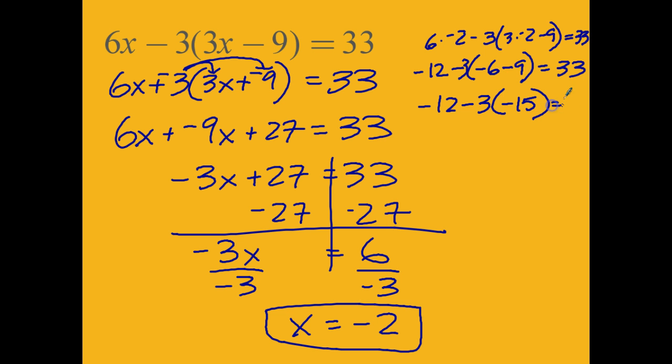Okay, does this equal 33? And this would be a good time, if you wanted to use a calculator, I wouldn't fault you for that. So then negative 12 plus negative 3 times negative 15, which is 45, and a negative times a negative is positive, so negative 12 plus 45. And if I add those together, I do get 33.